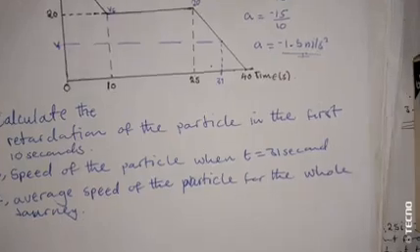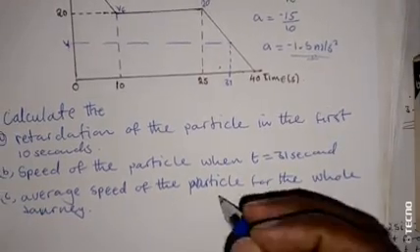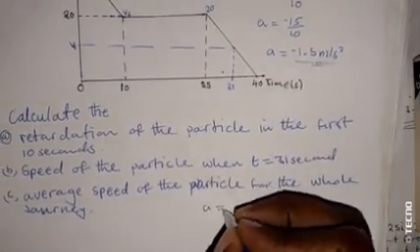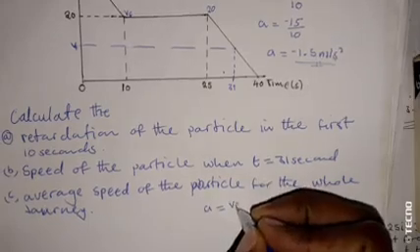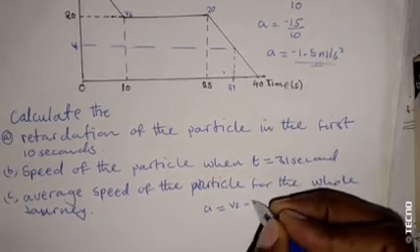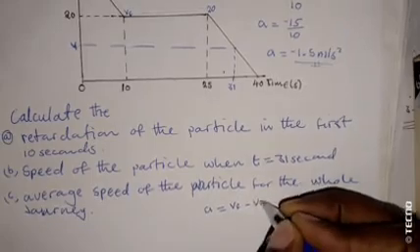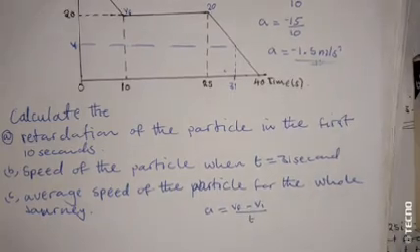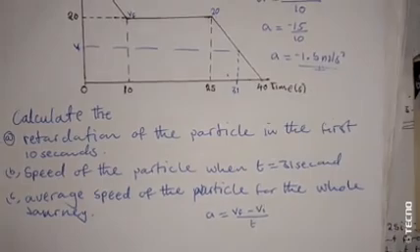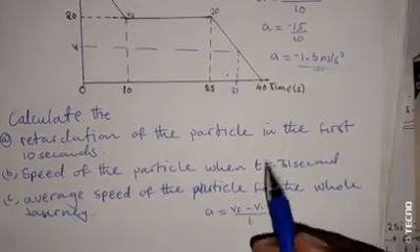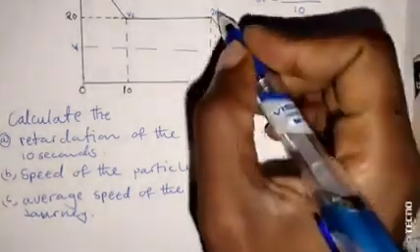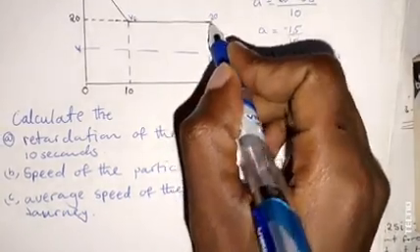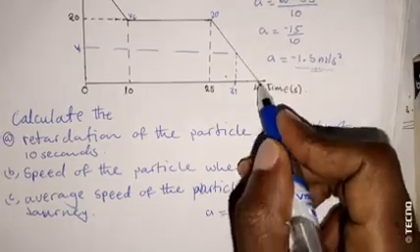So calculating the retardation again, we use the same formula where we say a is equal to v final minus v initial, over time taken, and this time should be in seconds. Okay, so here this is our initial, since it's starting from this point up to this point here.